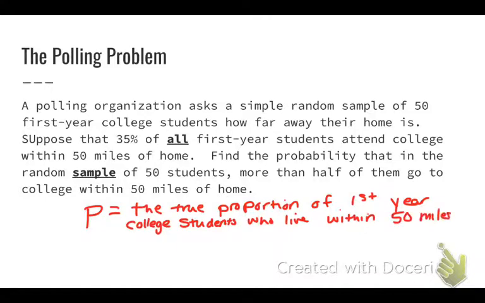I guess I could have said that: who attend college within 50 miles from home. We'll say. I think I got it. We got the idea. Okay, so always start with finding your parameter.